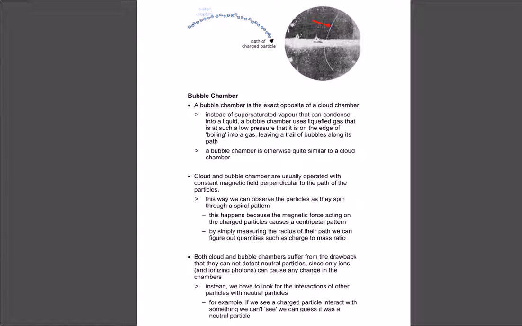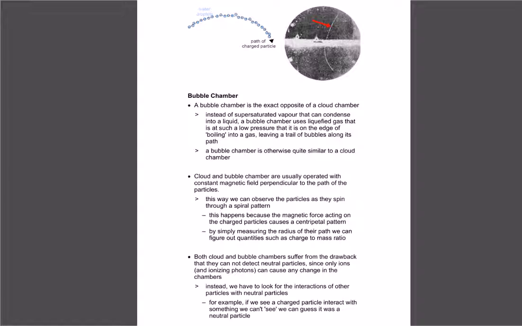Then we shoot a charged particle into the liquid, and the friction it causes as it goes through actually boils the particles that it touches, and it leaves a little trail of bubbles. So they both kind of do the same thing. One leaves a little trail of smoke in the clouds, the other leaves a trail of bubbles. The idea behind both of them, though, is we can actually see what's going on.